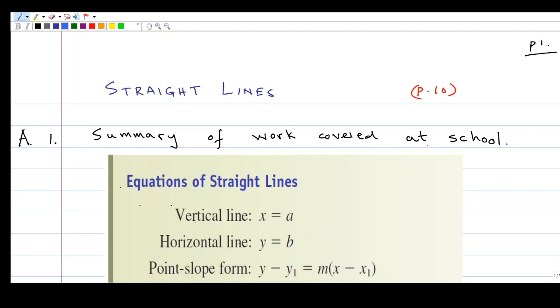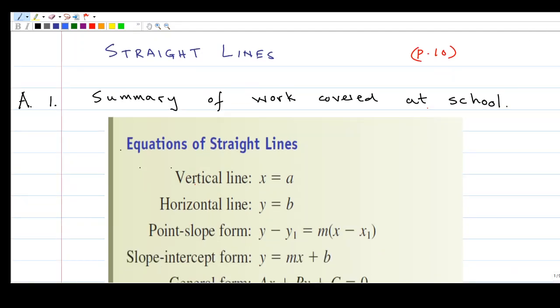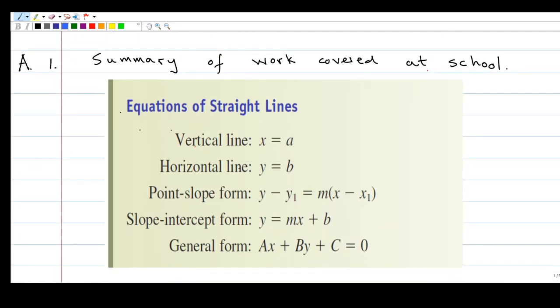equations of straight lines, the vertical line defined by x is equal to a, where a is a constant. Horizontal line is y is equal to the constant, say b. The point slope form is given by y minus y sub 1 is equal to m into x minus x sub 1.